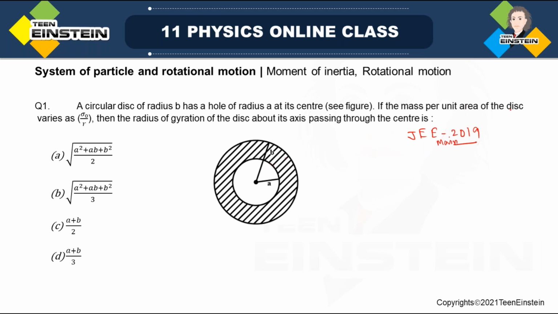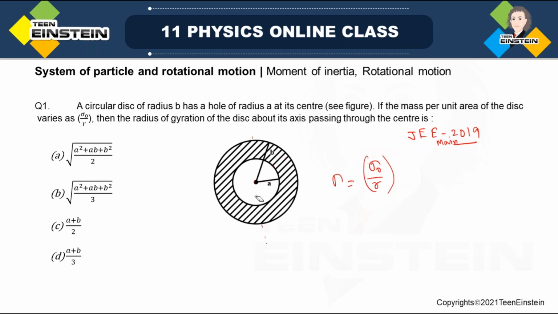If the mass per unit area of the disc varies, mass per unit area can be written as sigma, and sigma varies as this. Then find the radius of gyration of the disc about its axis through its center, that is, about the center of mass and perpendicular to the plane of the disc.